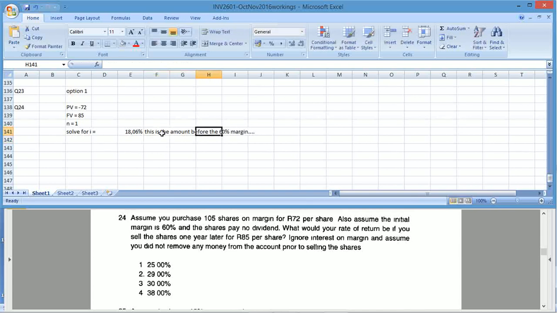So that means if I take the 18.06 and I multiply that by 100 over 60, I get, 18.06, not 18.6, sorry, that's a typo. There we go, that's better, which is 30.1, which is 30%, option 3.